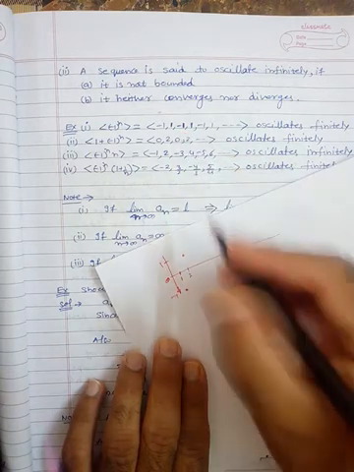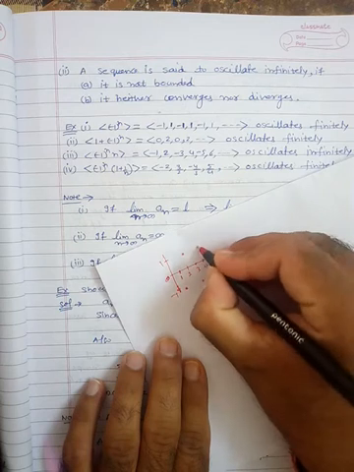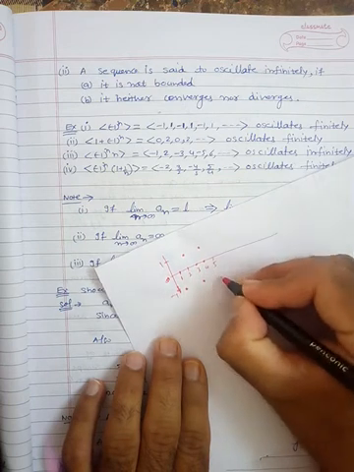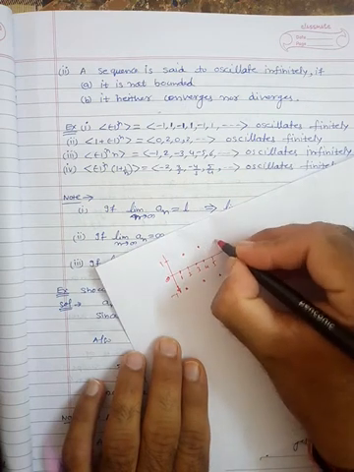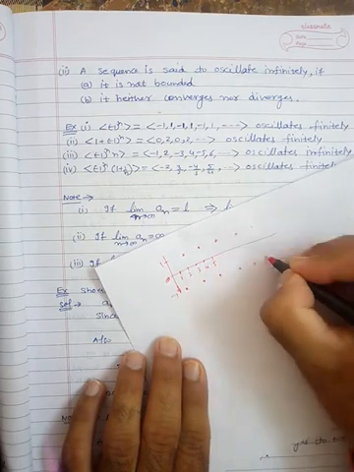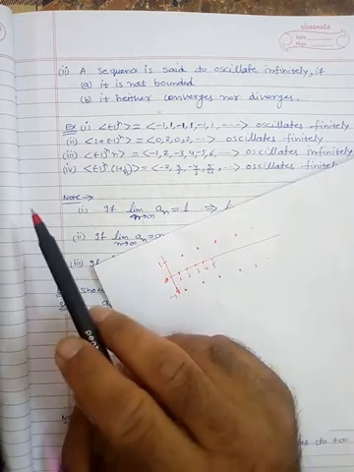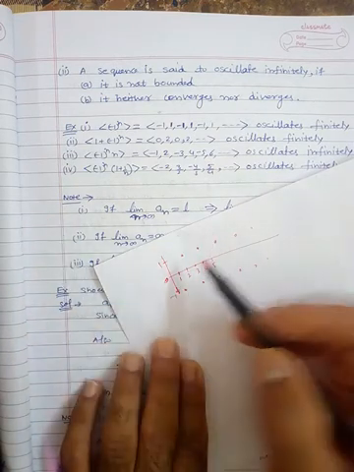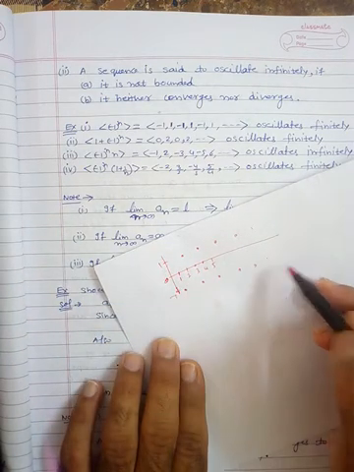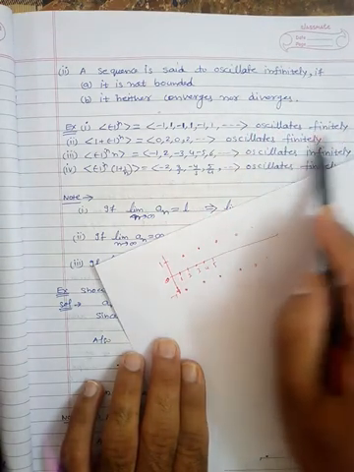Put n equal to 3, so you get -1. Put n equal to 4, and n equal to 5, and you get the points here, then here, here, here. That's why this sequence is bounded. So the first condition holds, and it neither converges nor diverges. That's why it oscillates finitely, because the sequence is bounded.